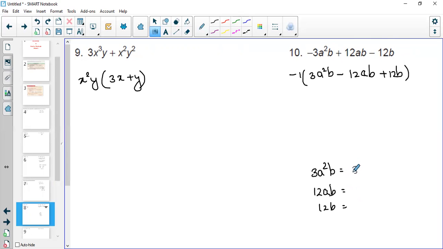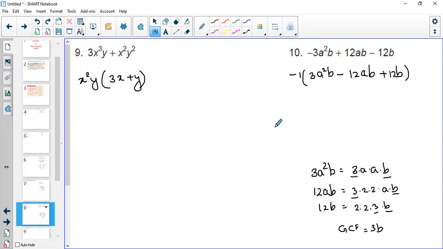So here it's going to be 3a squared b, and 12ab is going to be 2 multiplied by 2 multiplied by 3 times a times b. So the GCF is going to be a pair of 3 and a pair of b.